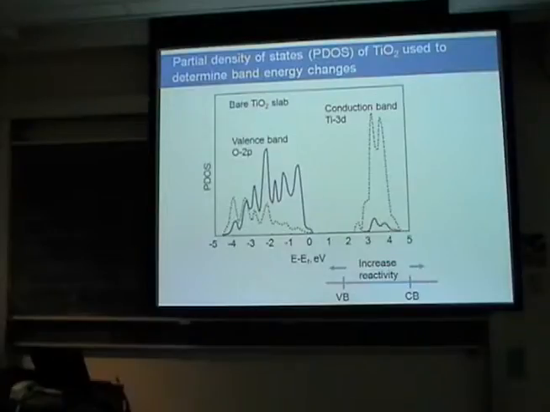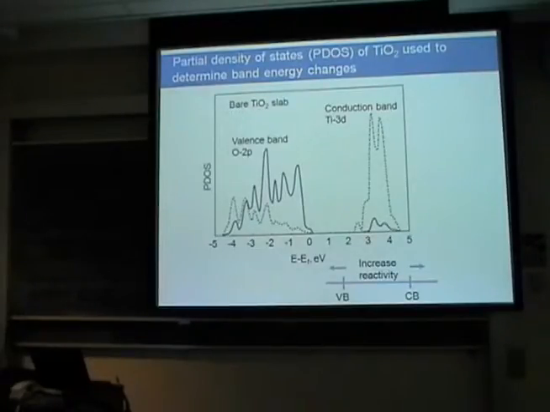Okay, and because of that, although wide band gap materials are disadvantageous from the perspective that it takes a lot of energy to promote an electron from the valence band into the conduction band, the advantage of wide band gap materials is that they tend to have a greater driving force for the reaction to occur.